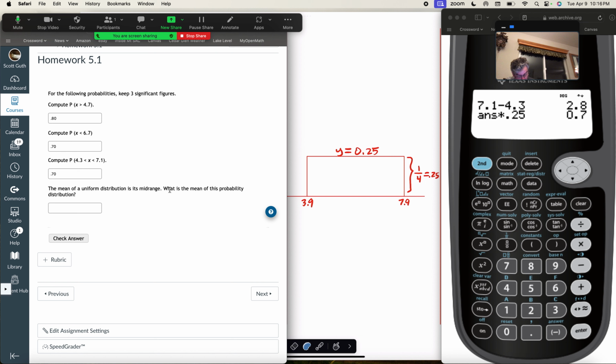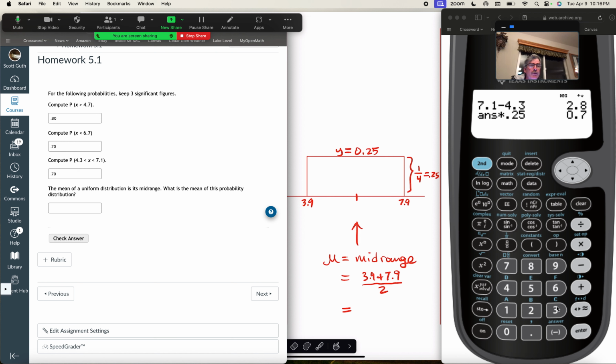Okay, so the mean would just be here in the middle. Okay, so the mean is the mid-range. And that's just the average of the max and the min. So you can just add those, 3.9 plus 7.9, over 2.